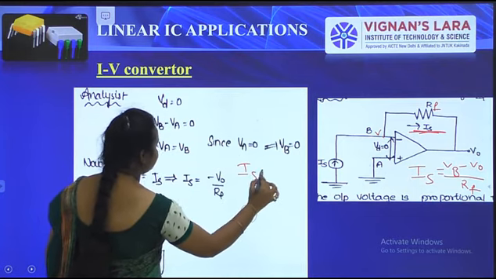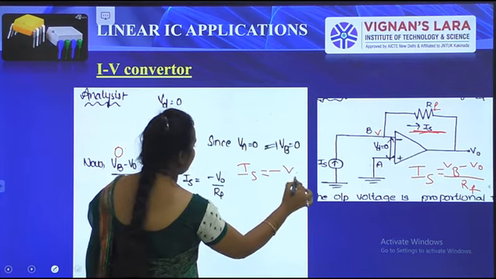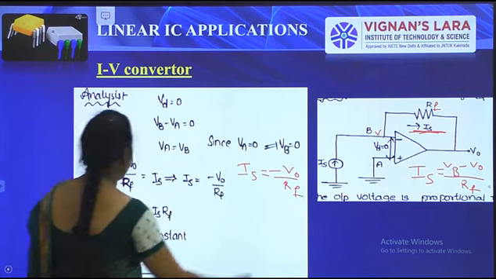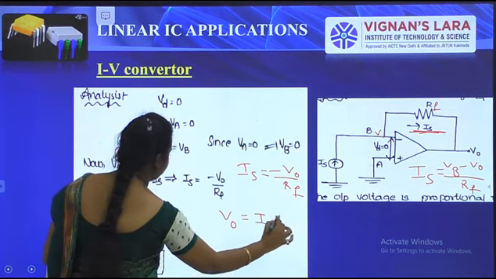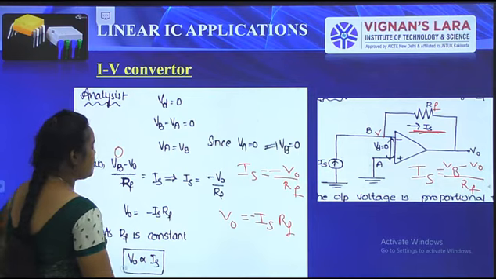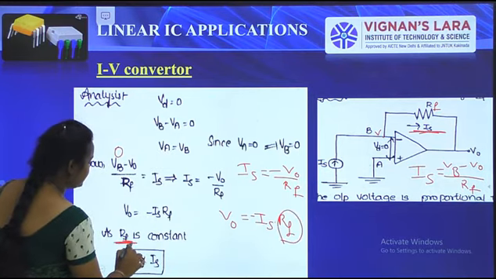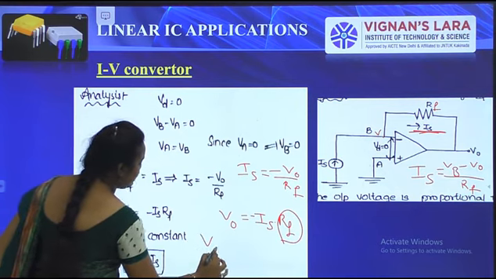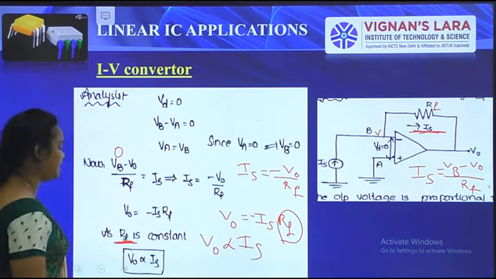So IS is equal to 0 minus V0 by RF. So V0 is equal to minus IS into RF. Finally, RF is a constant here. So V0 is proportional to IS.